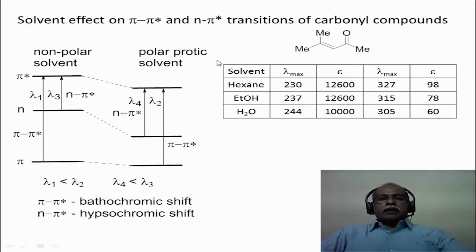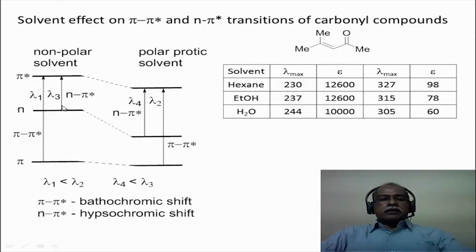Now let us have a look at the solvent effect on the pi to pi star and n to pi star transitions of a carbonyl compound. The pi to pi star is an allowed transition and the n to pi star is a forbidden transition, and they have their own solvent effect. If these are the energy levels of the carbonyl functional group in a non-polar solvent, let us say for example hexane, then this would be the pi to pi star transition, which has a higher energy, so lower wavelength.